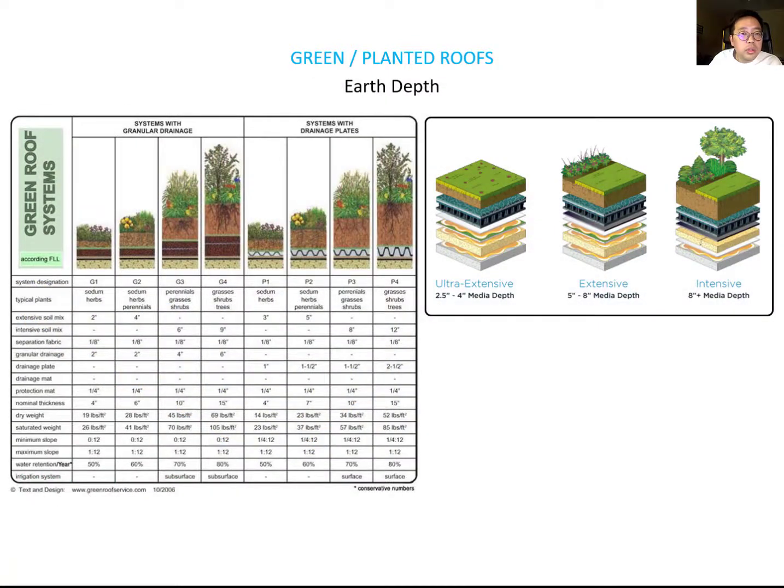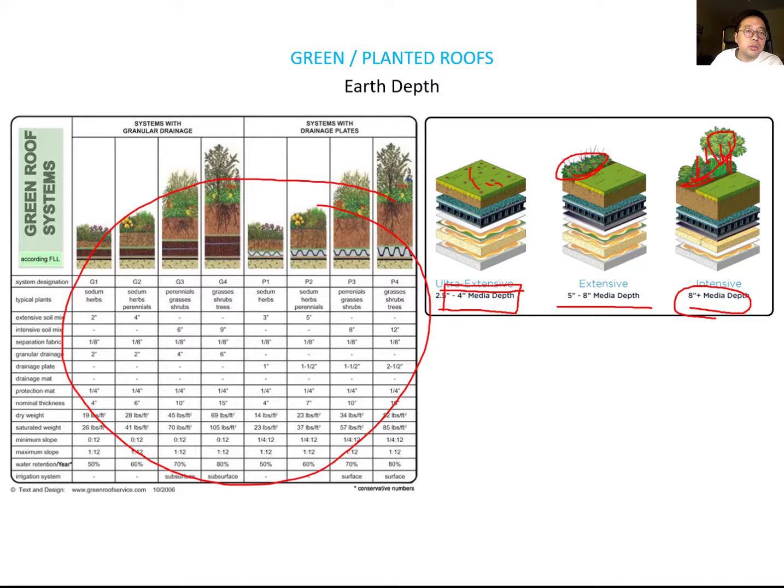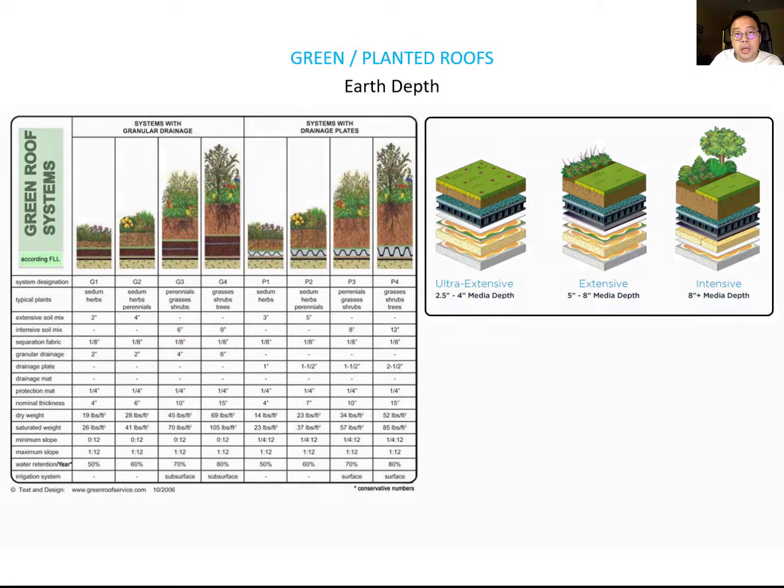Depending on the planting type, you can decide your depth. If you have ultra extensive, which is just grass here, you only need 2.5 inch to 4-inch media depth. But if you have extensive, which is small shrubs here, it usually requires 5-inch to 8-inch media depth. If you have some small trees and some shrubs, you need more than 8-inch media depth. So depending on the planting, it requires different depths of earth, and you can find the proper depth from the planting. Okay. Now let's watch this video.